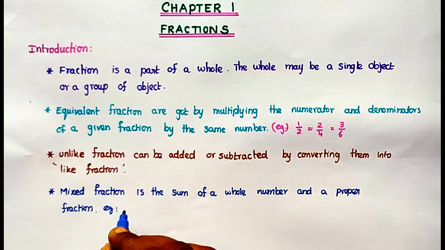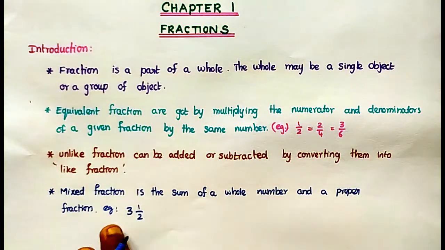Example, 3 1 by 2, that is the mixed fraction. A proper fraction means the numerator is less than the denominator. So, 3 1 by 2 is a mixed fraction.